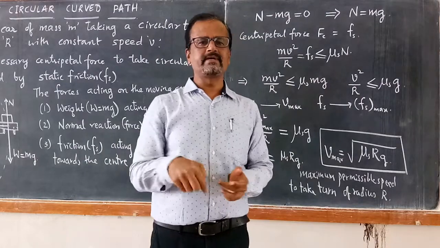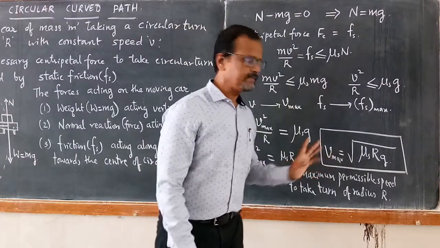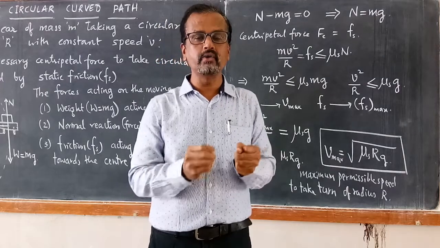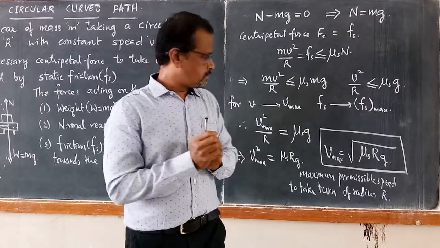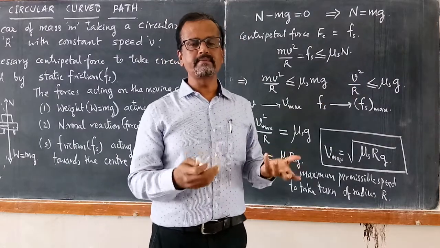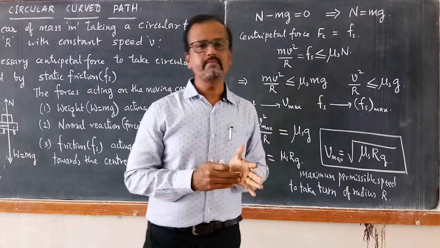Lesser the radius of curvature, lesser is the maximum permissible speed. You have to drive very carefully with lower and lower speed. More the radius of curvature, you will be provided with more permissible speed. You will be allowed to have more permissible speed.